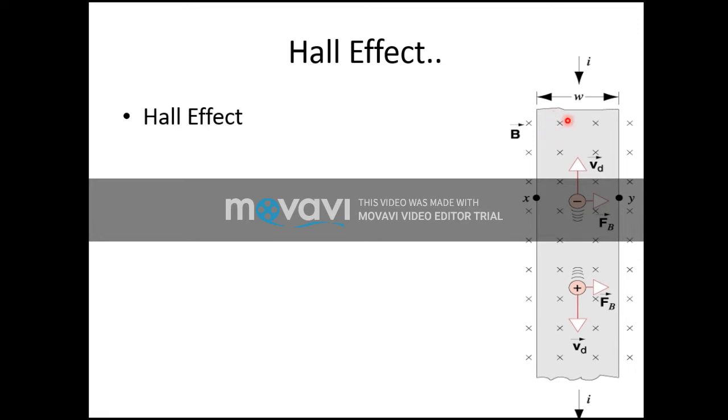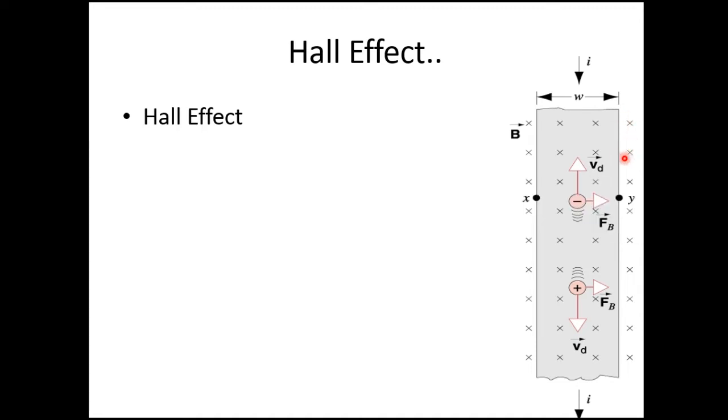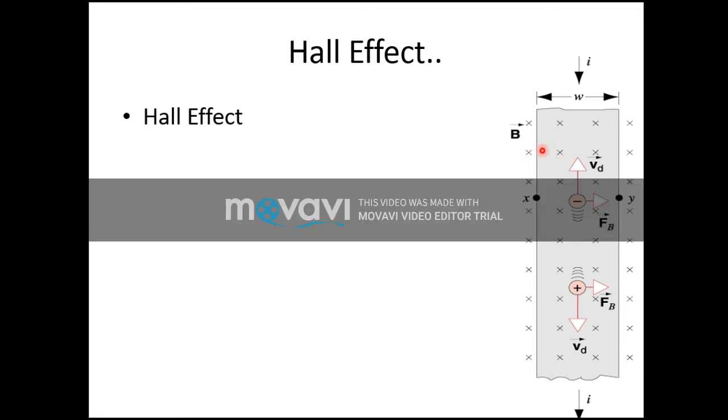The meaning of the cross is that the magnetic field is perpendicular to this slab and into the slab. So this is the direction of the magnetic field, which has been shown by the cross. Okay, these are the 2 points X and Y across which we can measure the voltage.